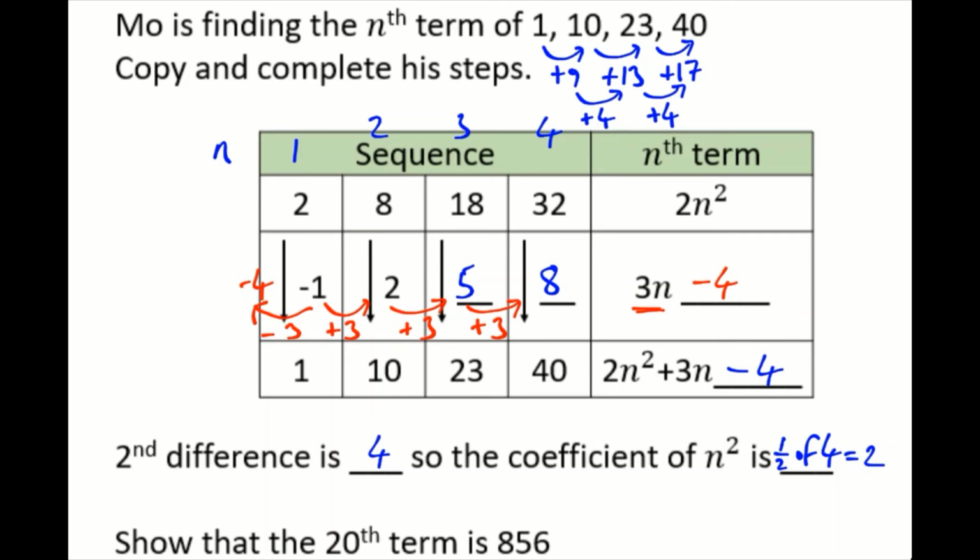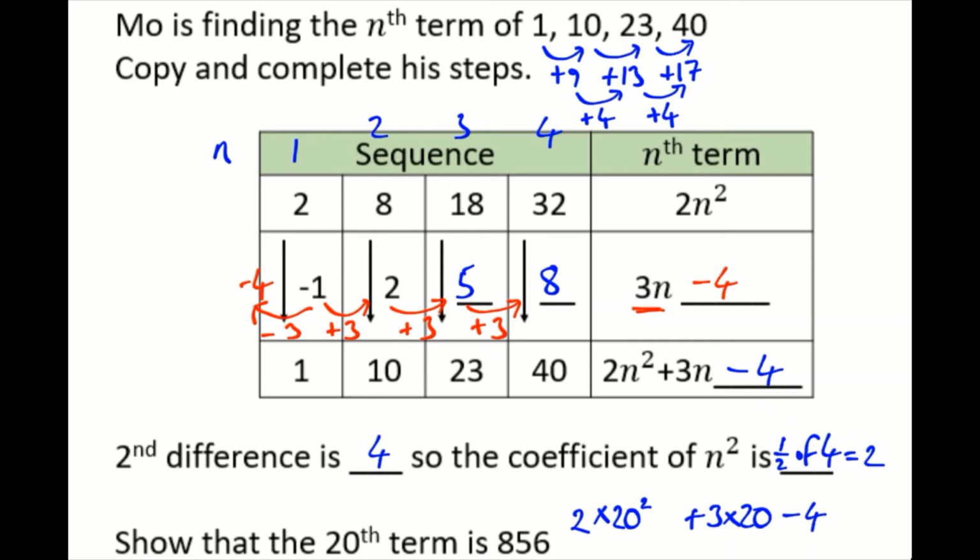So the 20th term is 856. That should mean if we did 2 times n squared, so 2 times 20 squared, plus 3 times 20, and then minus 4.